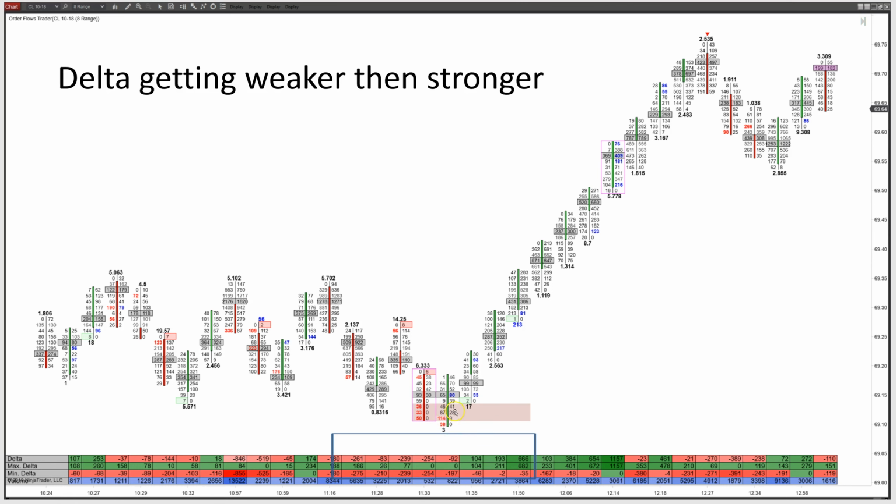So you know that there were strong bids down here, that you had minus delta, and that eventually the sellers are saying, you know what, there's support down here. They realize there's support down there, and they start bidding it up. I don't want to be short down here if I know there's support, because why would I sell into support? You want to be buying off support. And then the market starts rallying back up.